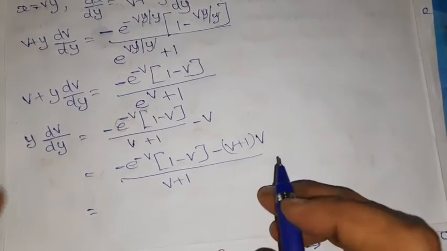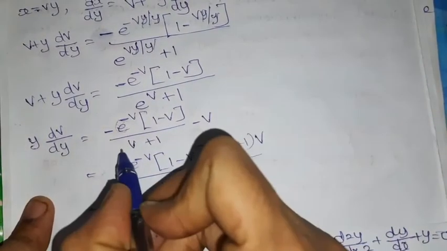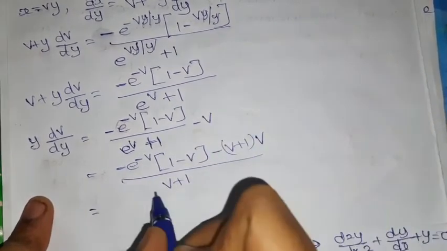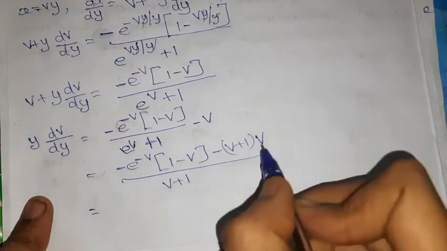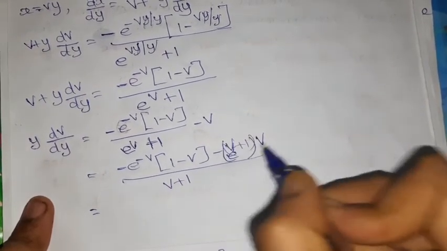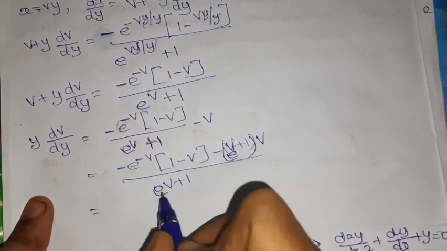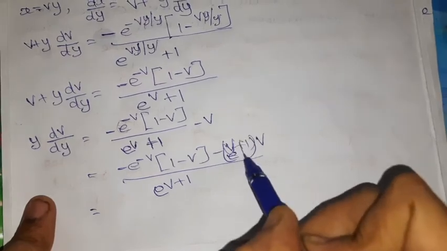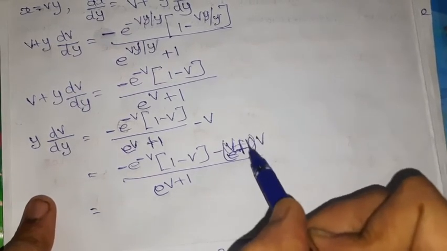Sorry, I made a mistake, really sorry. Here e power v plus 1, here also e power v plus 1, here also in the exponential term, e power v plus 1.